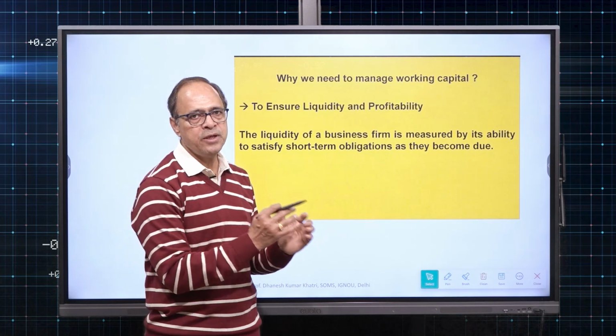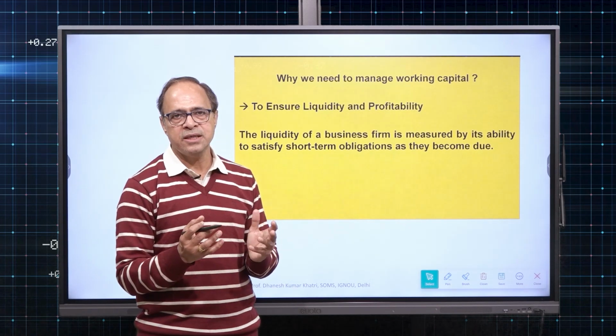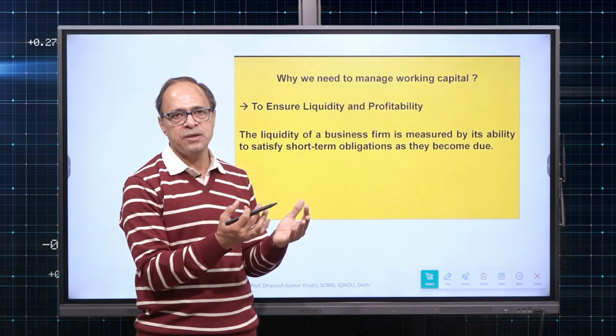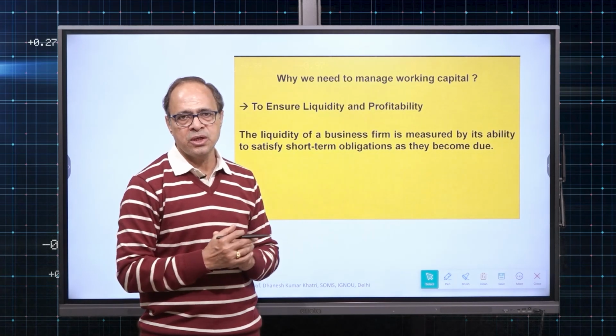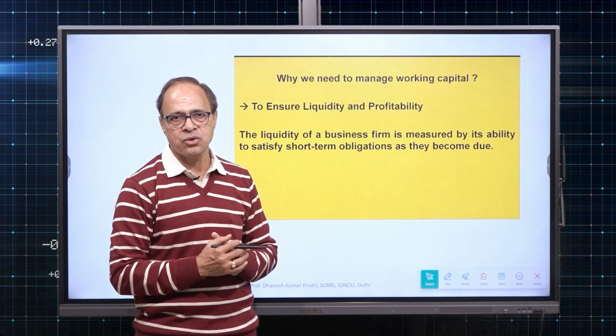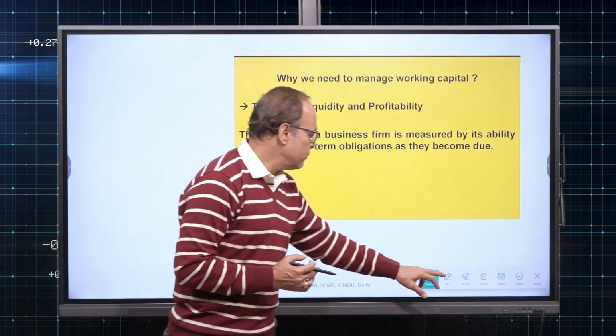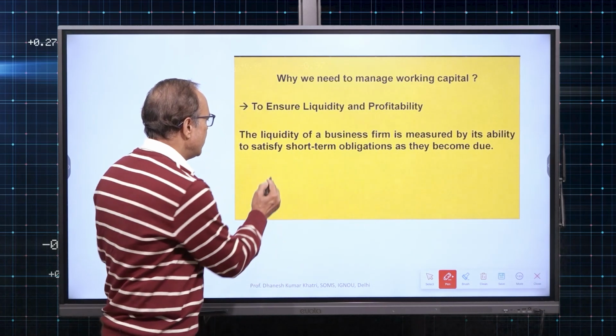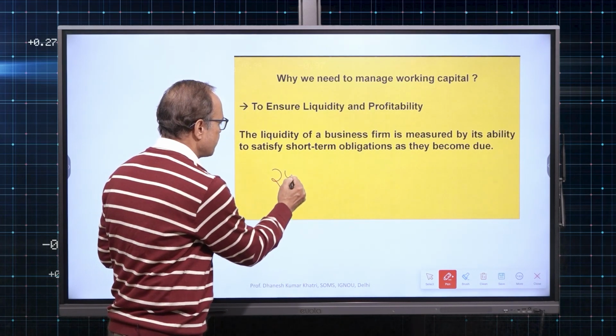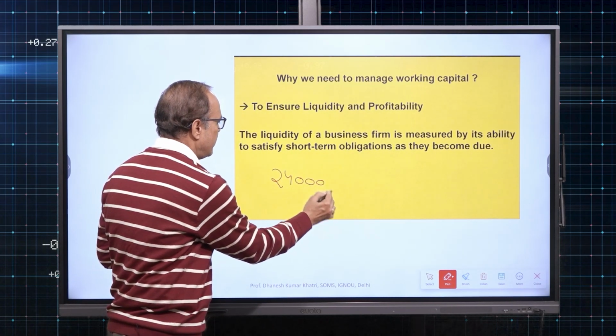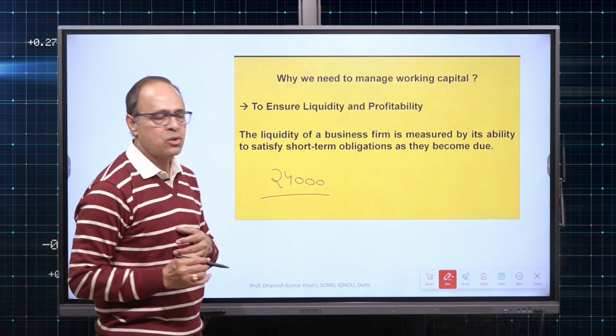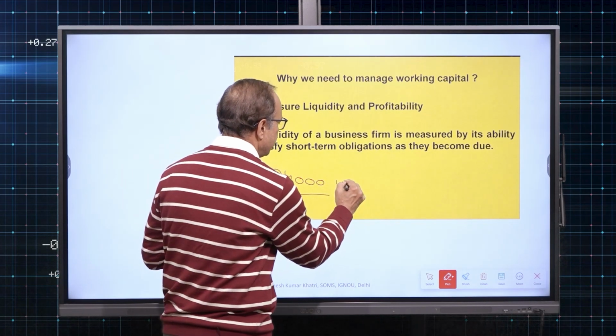Then profitability, because one might say when we have to ensure liquidity, stock as much inventory as you can. Like if I say the annual requirement of inventory is 24,000 units, on average we can say 2,000 units per month are required.